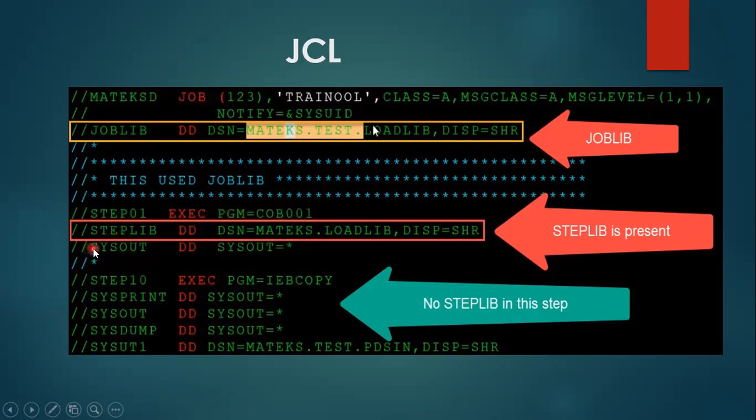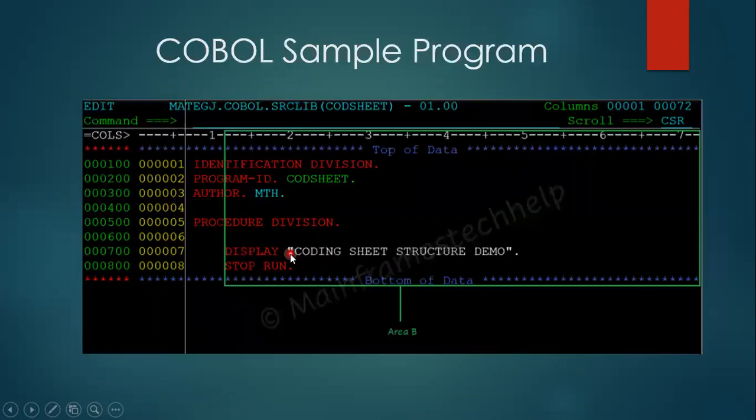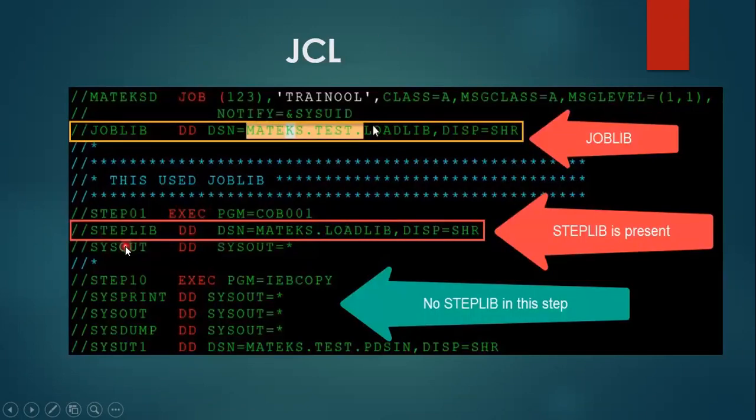After that, sysout. The step lib and load lib we are going to see in future classes, like where my program is present. Sysout is nothing but wherever the values are present, like this display we are going to write, these displays will come and sit into the system output. This is common for all Cobol programs.